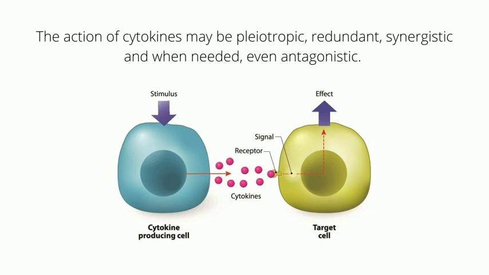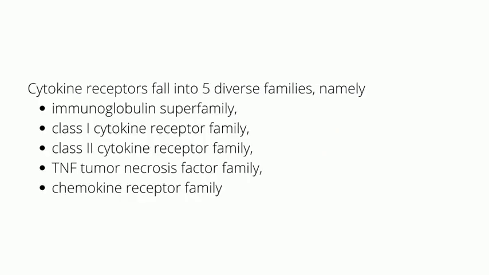Now, cytokine receptors fall into 5 diverse families, namely immunoglobulin superfamily, class 1 cytokine receptor family, class 2 cytokine receptor family, TNF or tumor necrosis factor family, and chemokine receptor family.